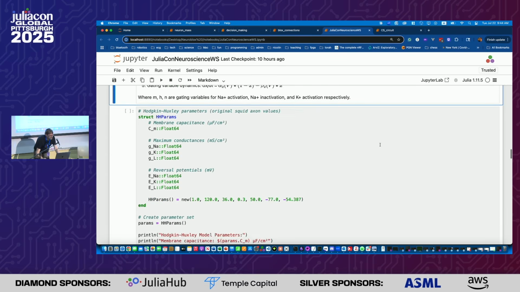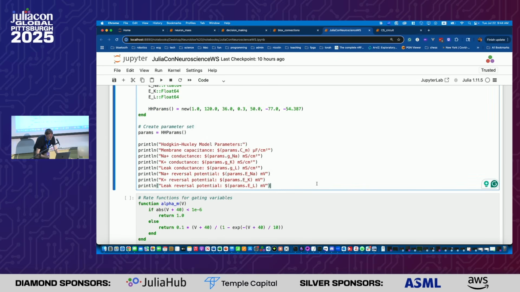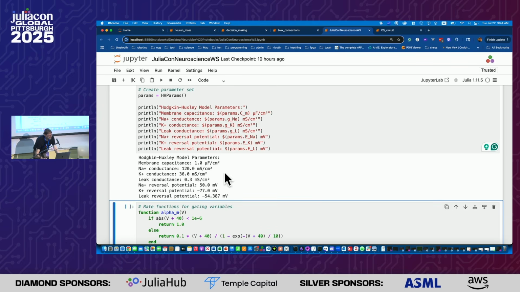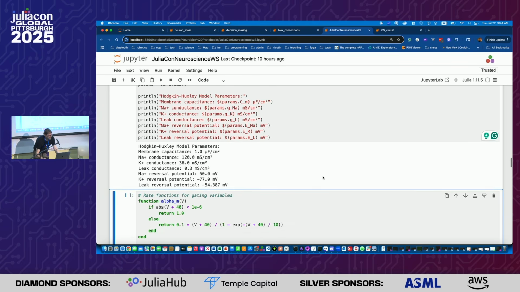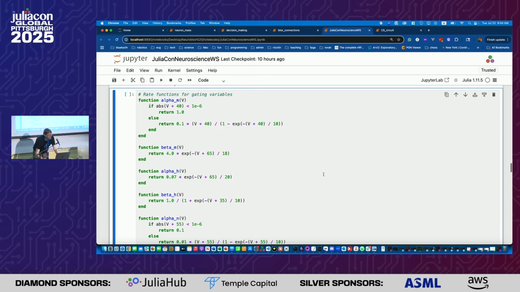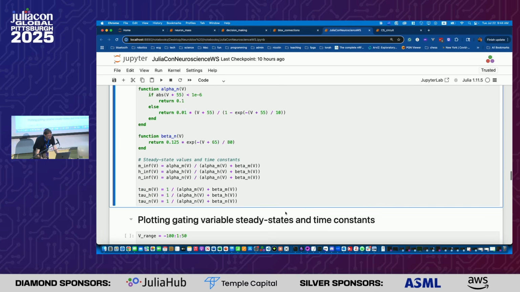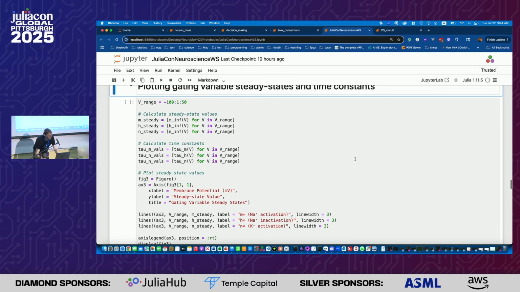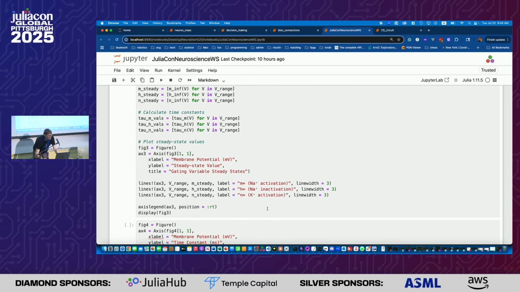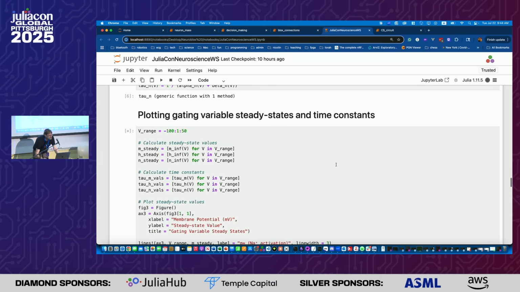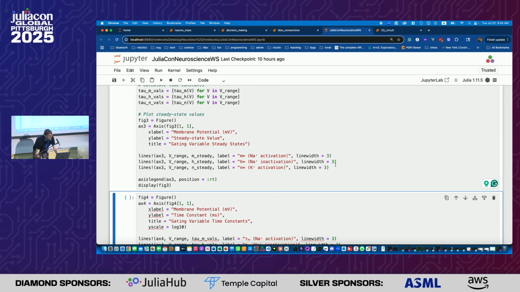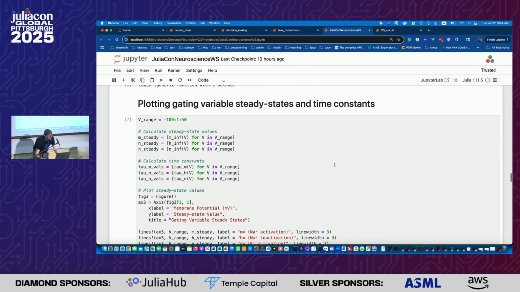And what we can do is essentially run these cells. These are the parameters, so typical membrane capacitance, conductances, and so forth. And then we can create all the functions that we need from the model. Yes, I'm running this.